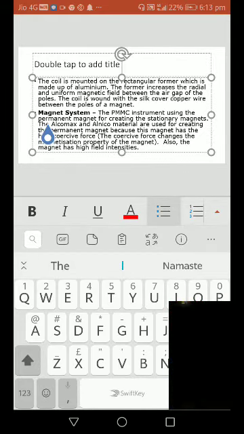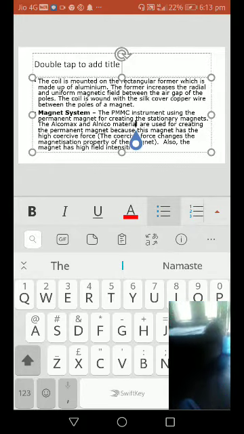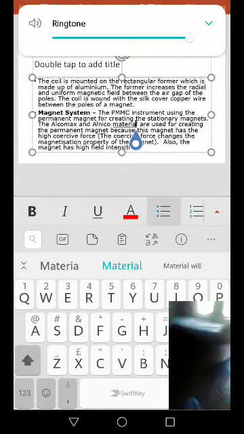The magnet also has a high field intensity.